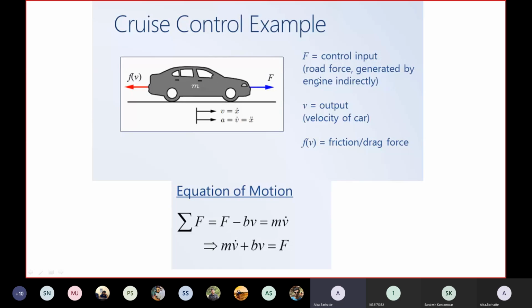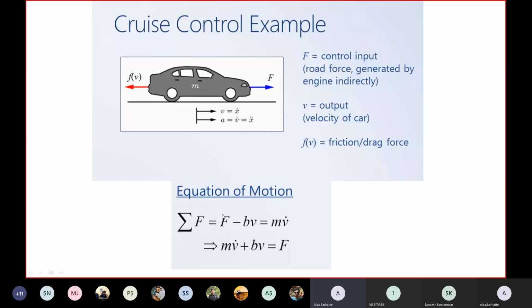So your vehicle is moving in this direction, so air velocity or some frictional forces between your vehicle and road are represented by this factor b. Okay, which is known as frictional constant, and that is always opposing the speed with which your vehicle is moving. So the total force can be equated to the actual force minus whatever are the losses or the factors that are opposing the velocity, the speed of that particular vehicle.